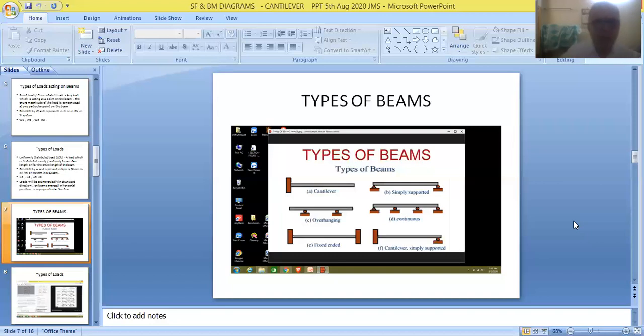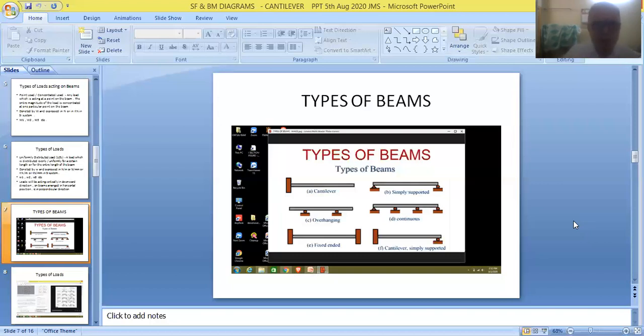And finally, friends, we can see the arrangement of overhanging beams. This has supports just like a simply supported beam. This is the left end support, and here we have the right end support.